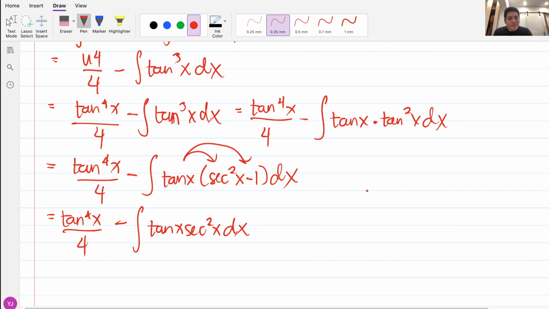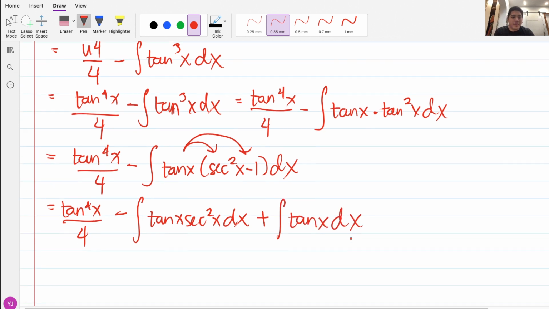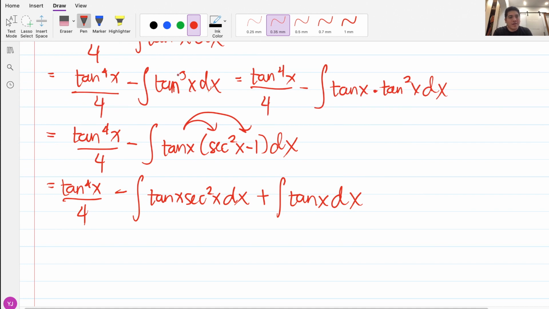Okay, if I transpose the negative integral of tangent of x with minus 1, that also becomes positive. Okay, so it becomes positive integral of tangent of x dx. So again, for you not to be confused, you can first distribute it without the negative sign: tangent of x, secant squared of x.